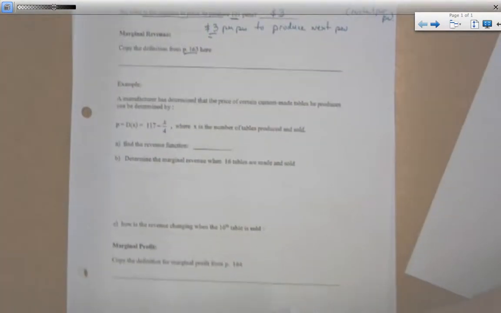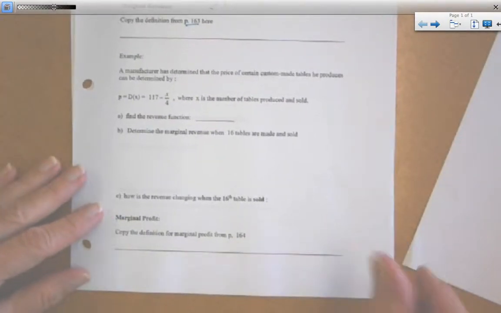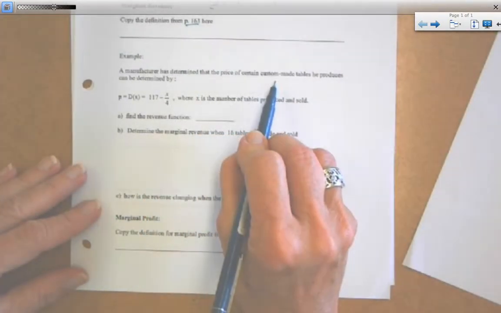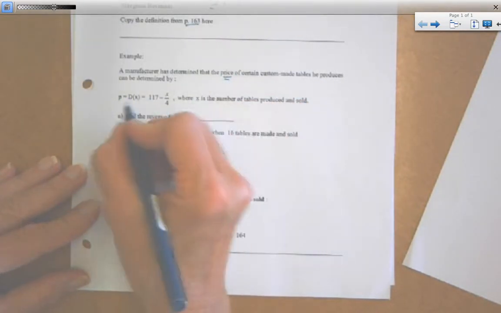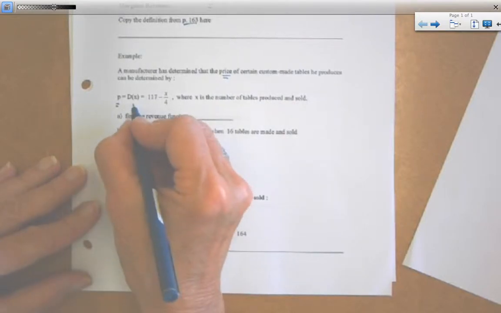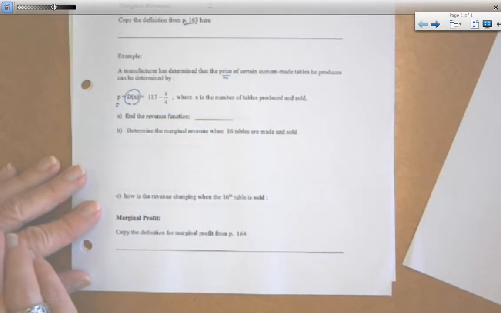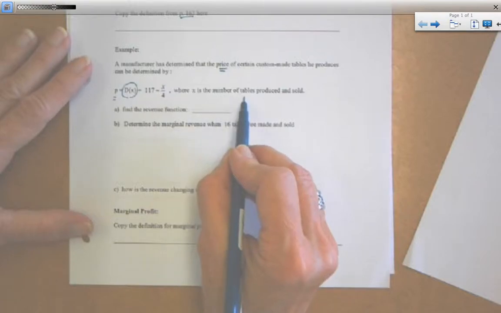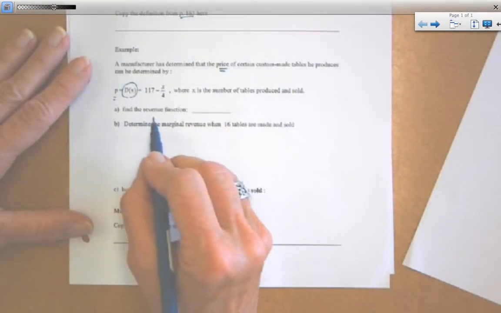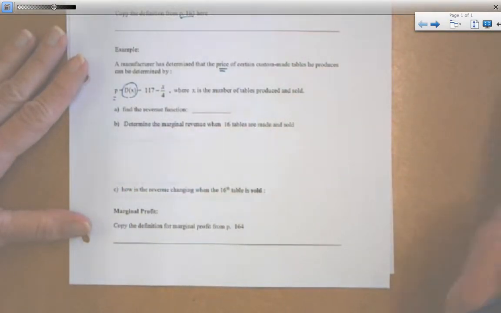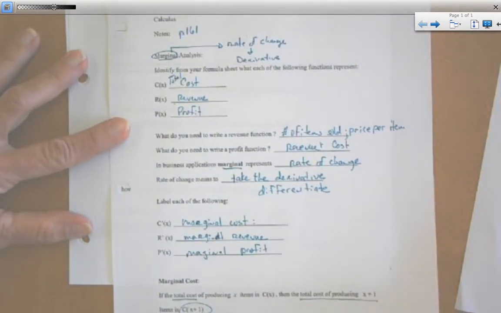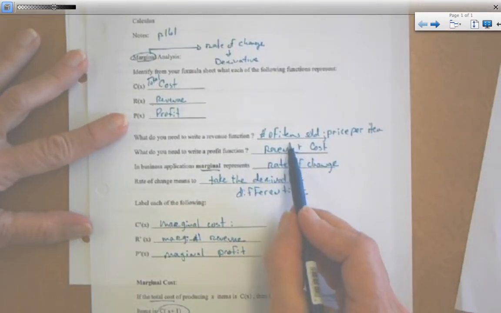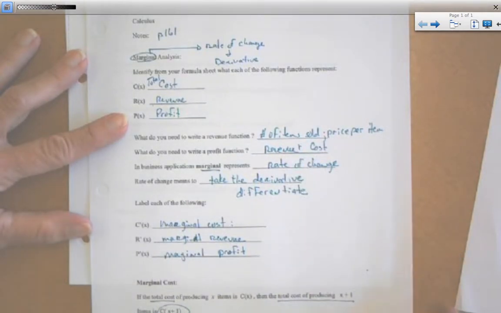All right. A manufacturer has determined that the price of certain custom-made tables he produces can be determined by a function, where X is the number of tables produced and sold. Notice that price is also called the demand function. Let's find the revenue function. From our formula sheet, we remember that revenue is price per item times the number of items sold.